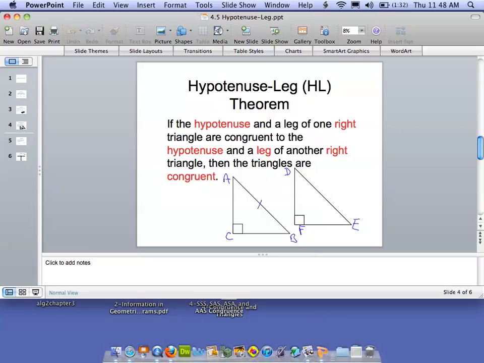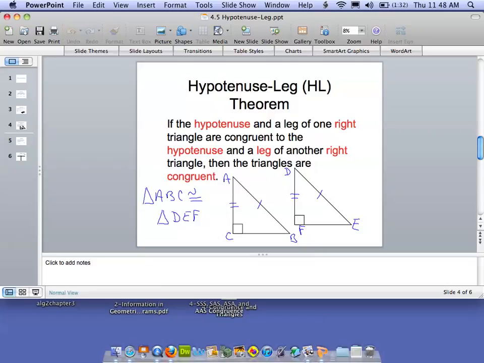If the hypotenuses are congruent and one pair of corresponding legs are congruent, then that's enough to say the two triangles are congruent using HL. So I would say triangle ABC is congruent to triangle DEF by HL.